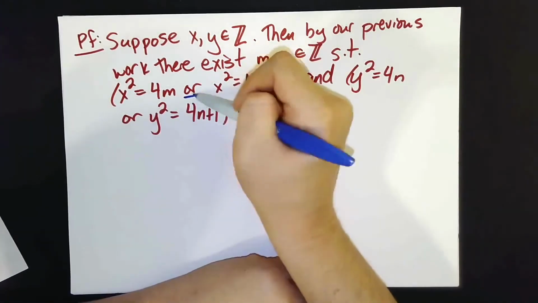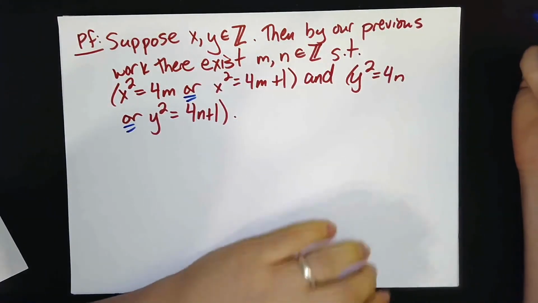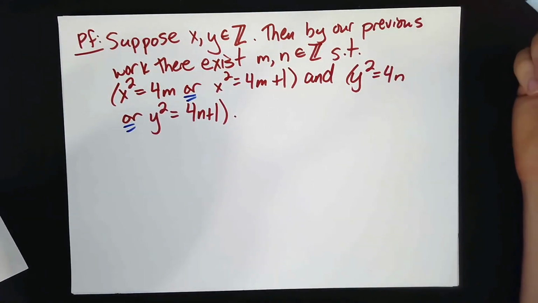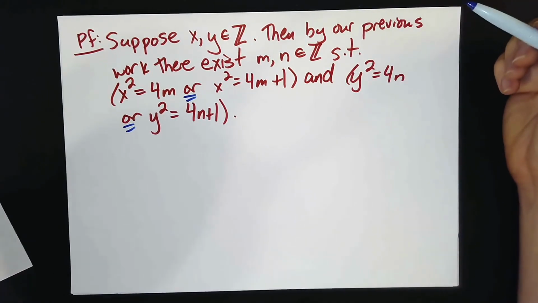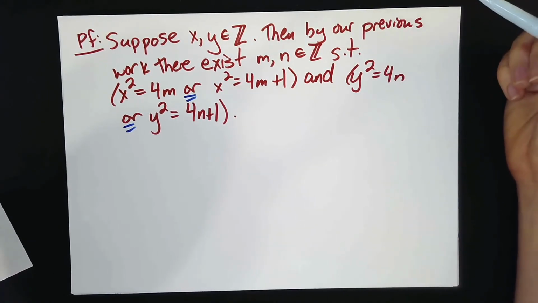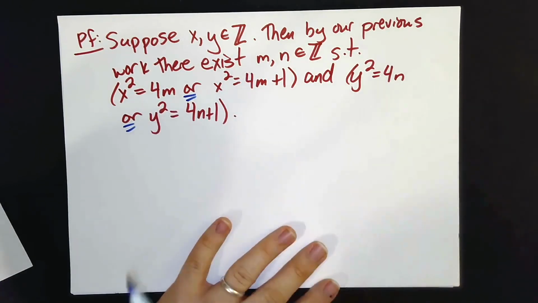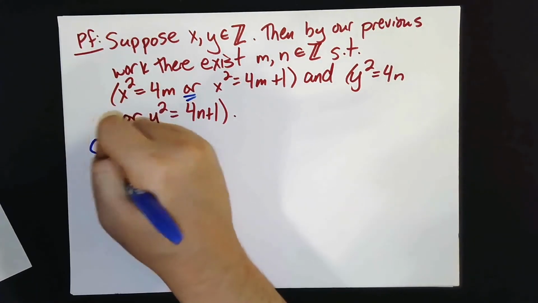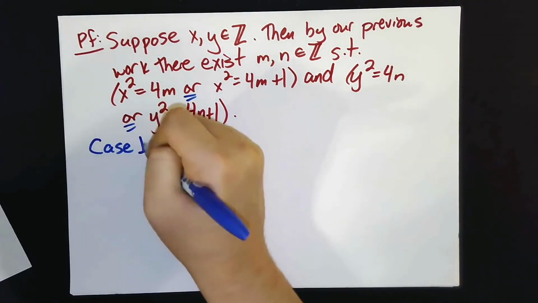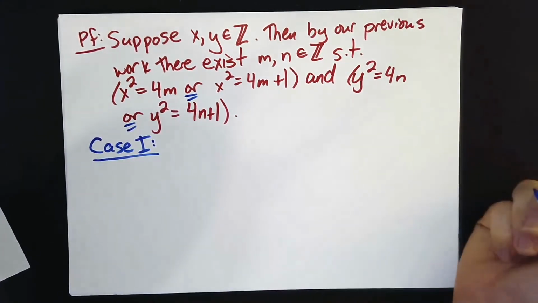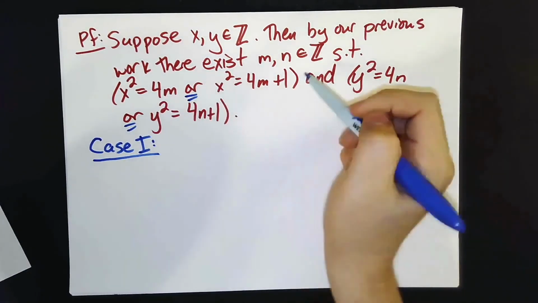So now, because of these ORs, I can break into cases. How many cases? Well, as it happens, there's going to be 4 cases, based on which half of this OR I choose and which half of this OR I choose. And this is not too uncommon, that you'll have cases that really stem from making two choices at once.